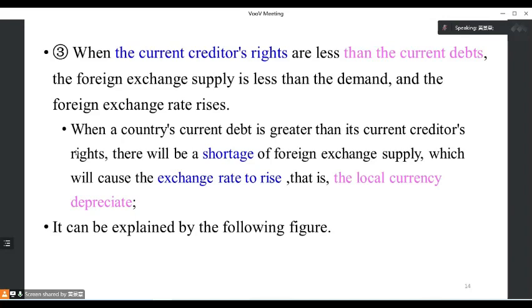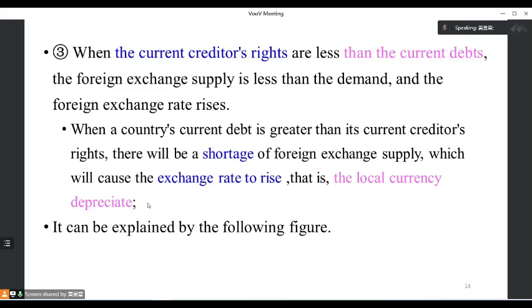Let's see. When a country's current debt is greater than its current creditors' rights, there will be a shortage of foreign exchange supply, which will cause the exchange rate to rise. That is, the local currency depreciates.